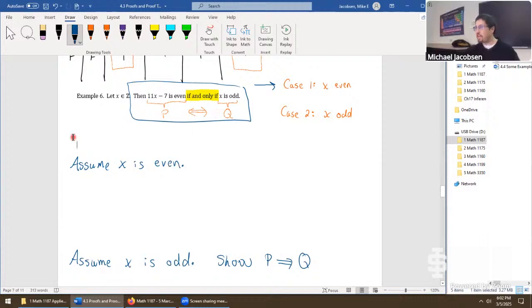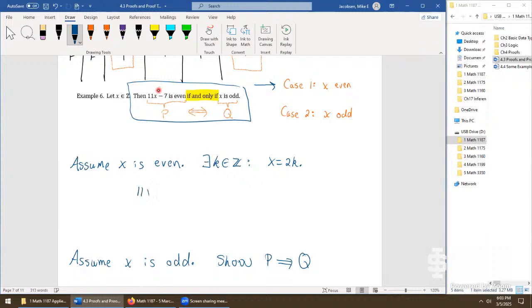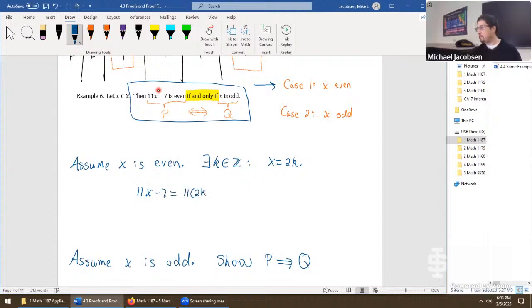Let me see if I can track through that. So we're saying assume X is even. We get the consequence. Oh, let me not make that mistake again. Exists K in Z such that X equals 2K. And then tracking through the next part, we were going to plug X equals 2K into the 11X minus 7. We would get 11X minus 7 becomes 11 times 2K minus 7.